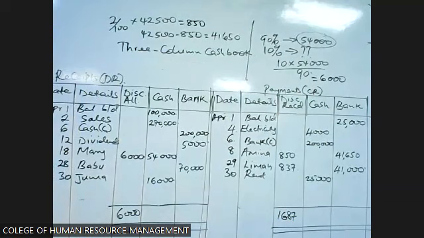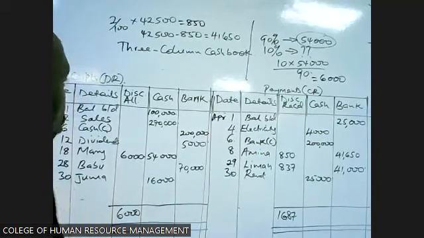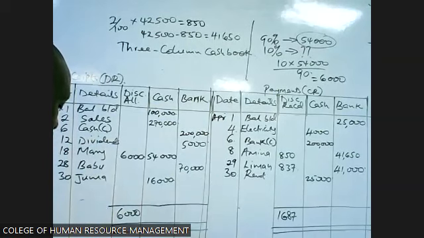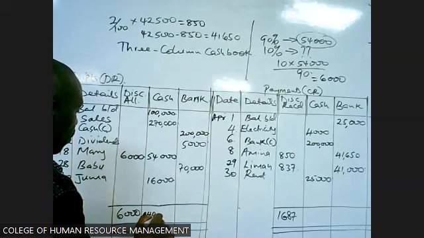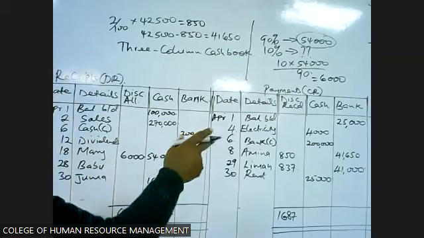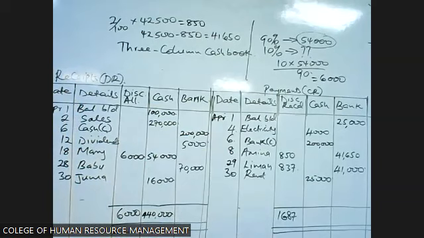Then for the cash, you need to balance. You add total cash received: 100,000 plus 270,000 plus 54,000 plus 16,000. We have a total of 440,000 received. What about the total cash paid? 4,000 plus 200,000 plus 25,000.